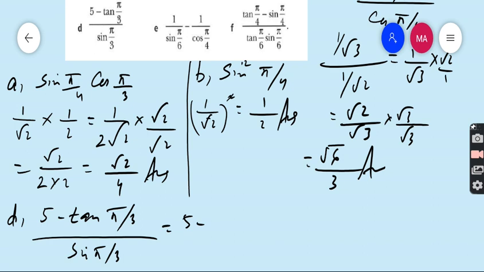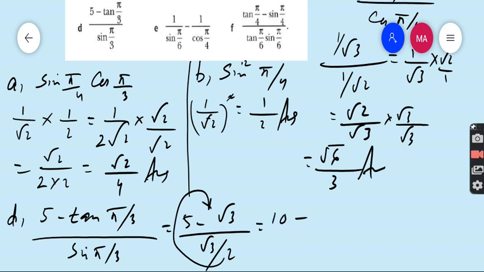Tan pi by 3 is root 3, and sine pi by 3 is sine 60, which is root 3 upon 2. So this 2 is multiplied by the whole numerator. 2 fives are 10, and 2 into root 3 is 2 root 3, upon root 3.